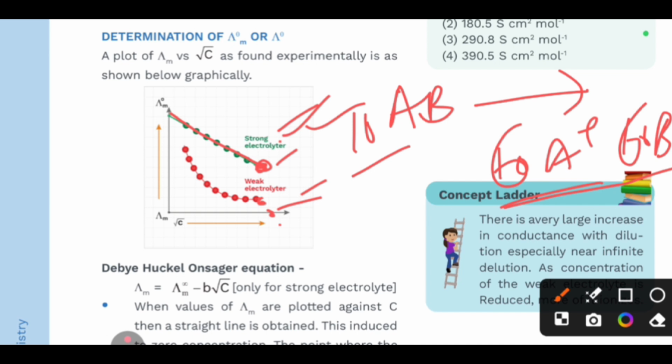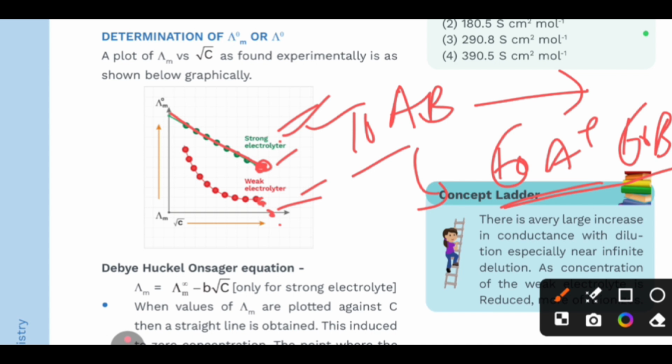Not dissociated completely, that's why the conductance will be less, that's why its value is downside. But on dilution, these molecules will break further, then the number of ions will increase.